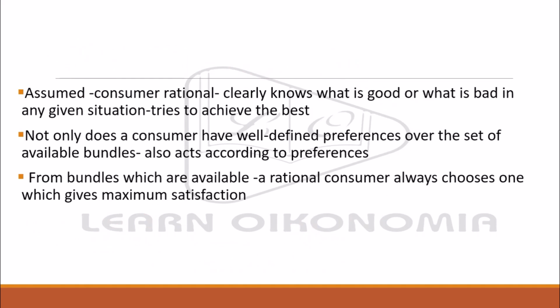So here we assume a situation that the consumers are rational, and by rationality what we mean is that this person is able to know what is good for him and what is bad for him if he is given a situation. So he will be trying to attain his level best. So what is it? He is a utility maximizing agent. That is what we assume. Okay.